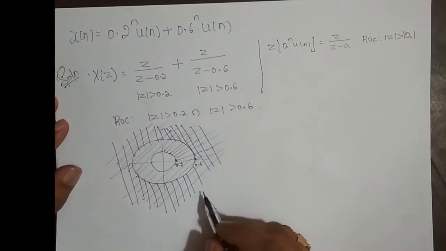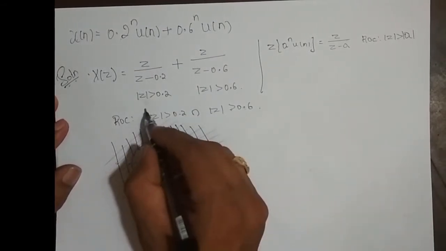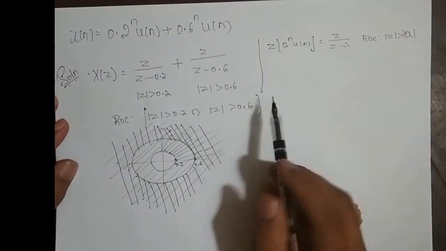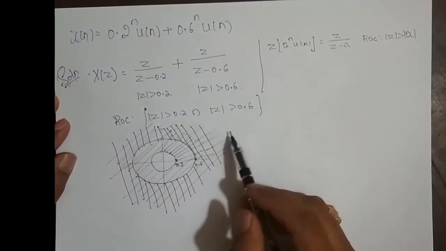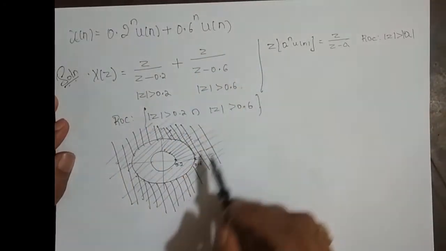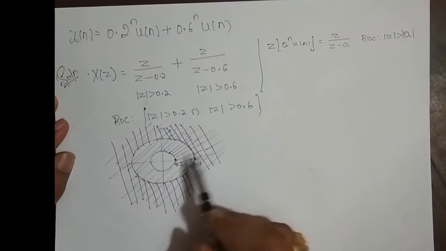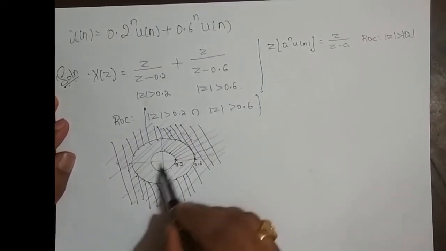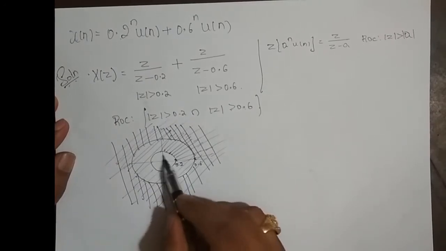So what is the intersection region now? If I have more than one sequence, as we discussed in the initial videos, if we have more than one infinite right-sided sequence, the combined ROC will be the intersection. Now where is the intersection? From 0 to 0.2 there is no ROC.